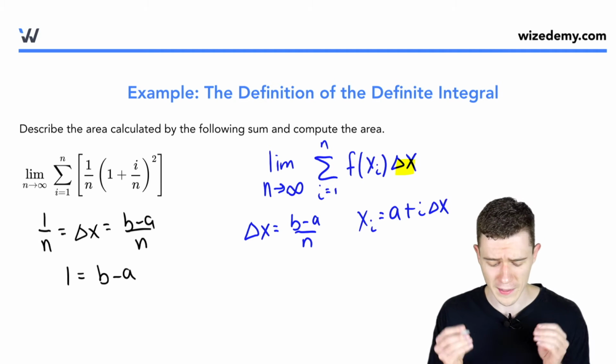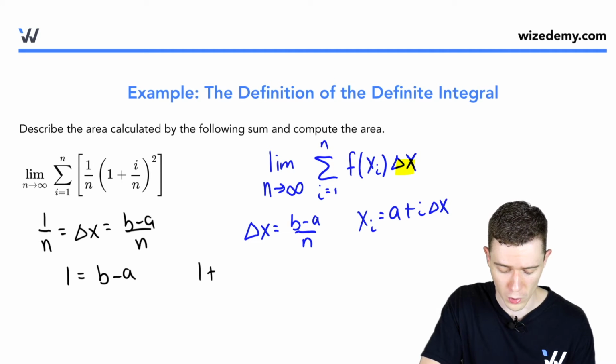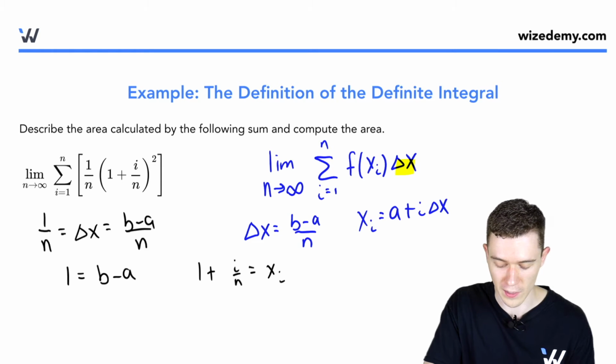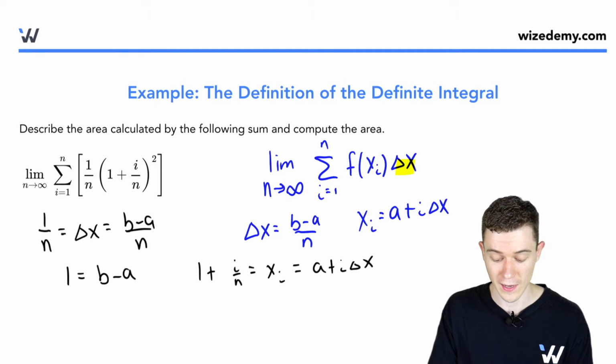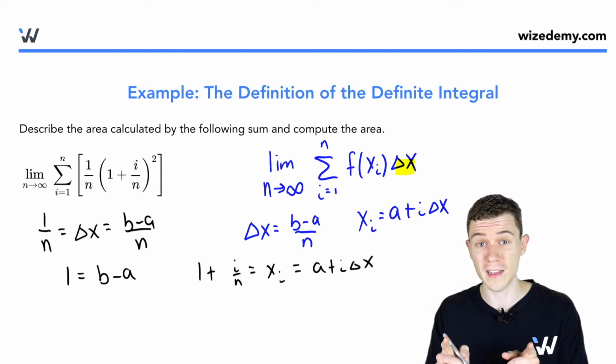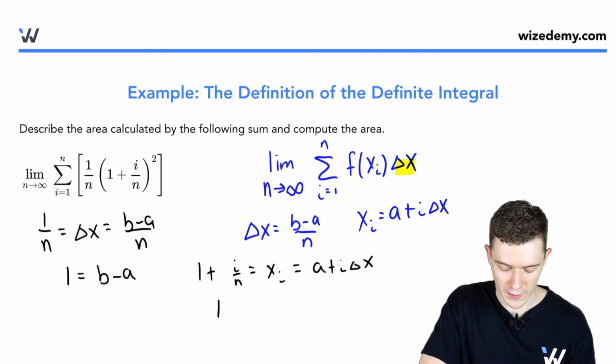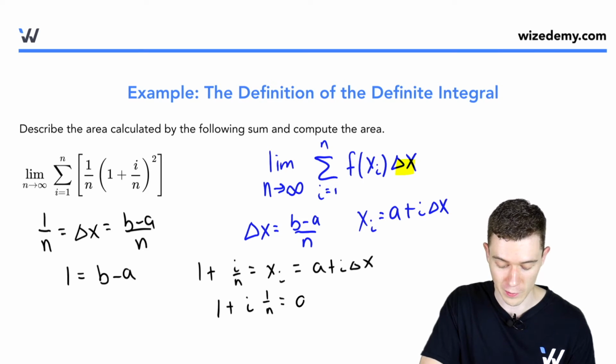We're also guessing that that inside part, 1 plus i over n, is going to be our x sub i, which is given as a plus i delta x. Now this really matches up with our guess of delta x, if we write this as 1 plus i times 1 over n equals a plus i delta x.